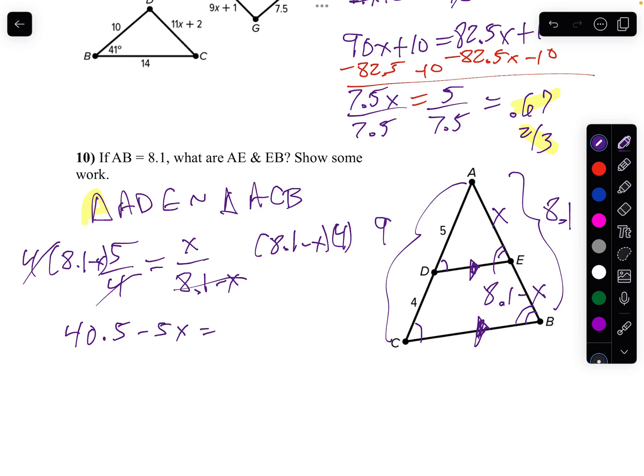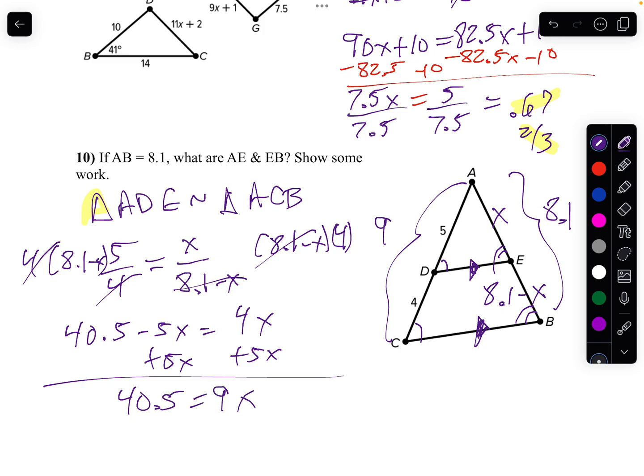My 8.1 is reduced, and I get 4x. Add 5x to both sides. 40.5 equals 9x. I'll divide both sides by 9. So 40.5 divided by 9 is 4.5.